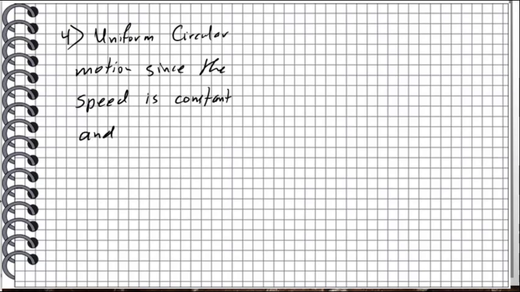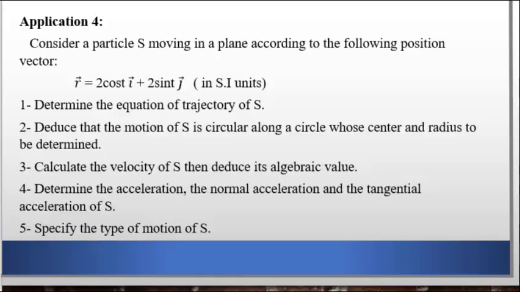For uniform circular motion, since the speed is constant and the trajectory is circular, the problem is done. Thank you.